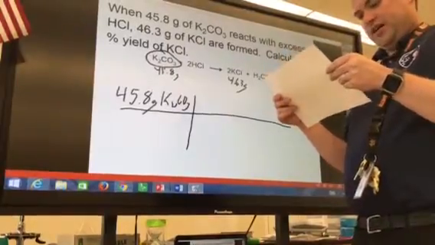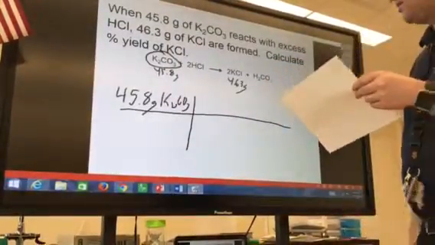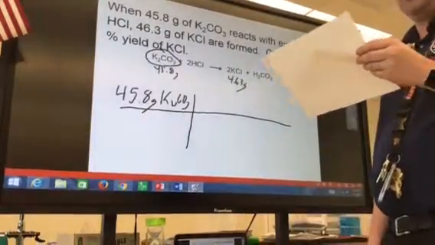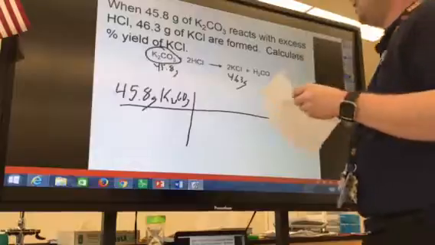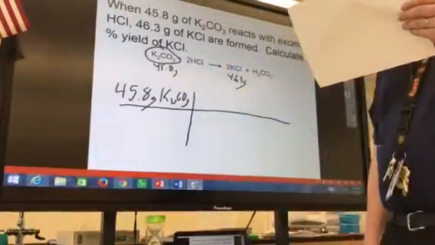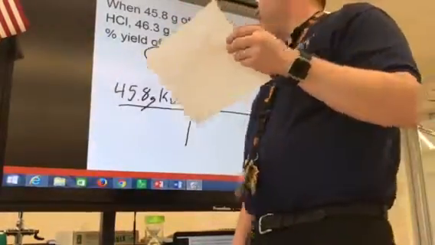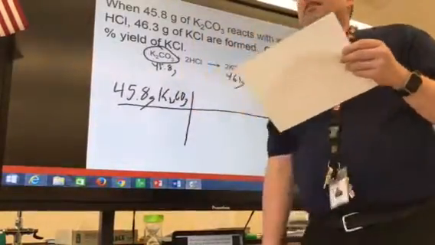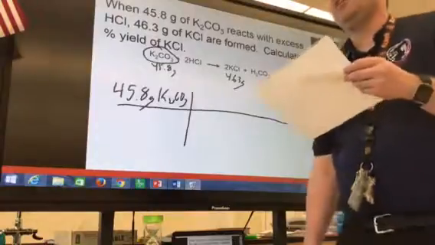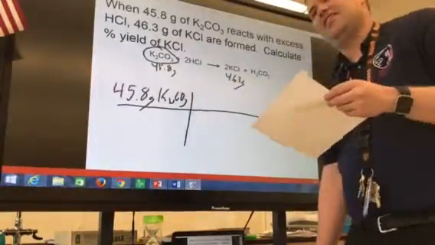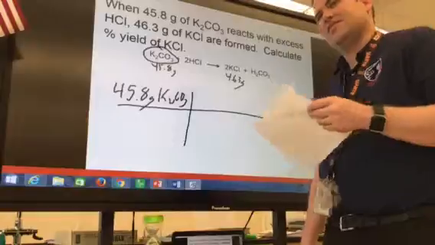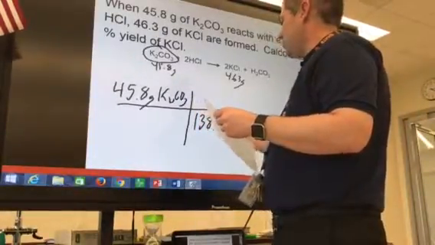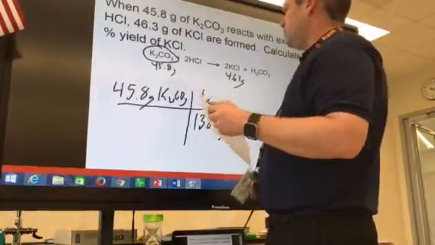Where's potassium? 39.1 times 2, so 39.1 plus 39.1 plus 12.01 plus 16 plus 16 plus 16 equals 138.21 grams per 1 mole.